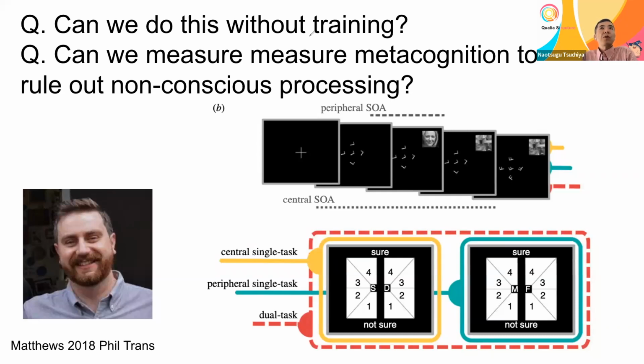One is to reduce the amount of this training. We adjusted this SOA, the duration of the stimulus, automatically using a nice automatic procedure called Quest. You don't need to remember this particular method, but the important thing is that there is a very nice computational method to minimize the training.